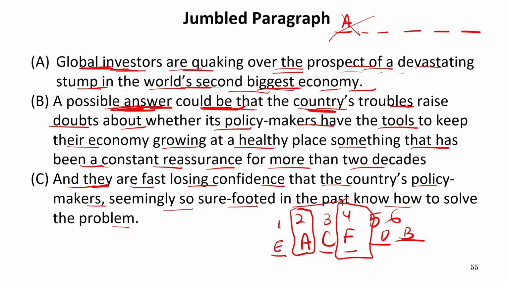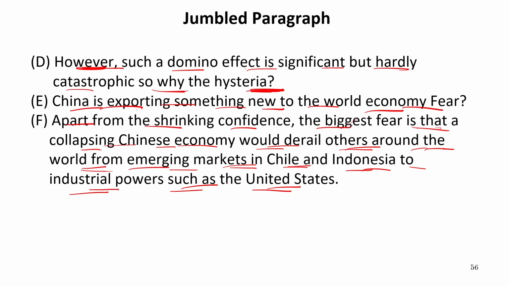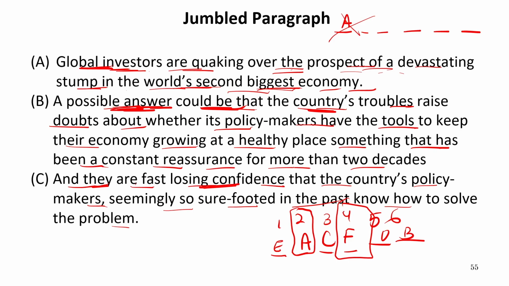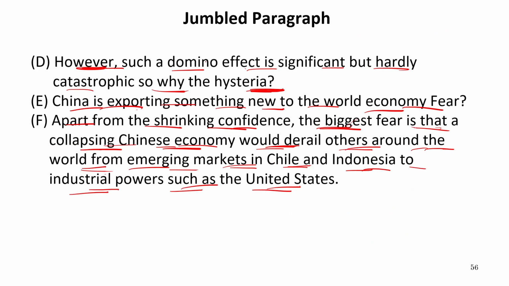Now here, the losing confidence has been talked about, and F has a link with it, that apart from the shrinking confidence, the biggest fear is that a collapsing Chinese economy would derail others around the world, from emerging markets in Chile and Indonesia to industrial parts such as the United States. Now, in D, it is written, however, such a domino effect.